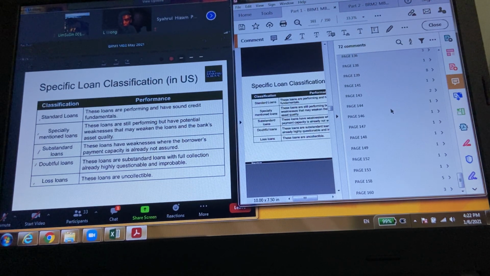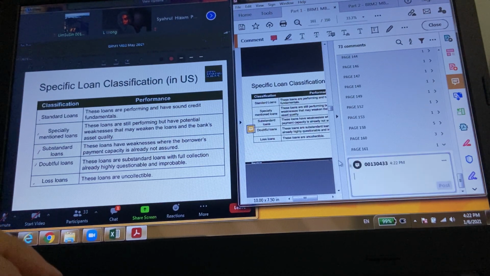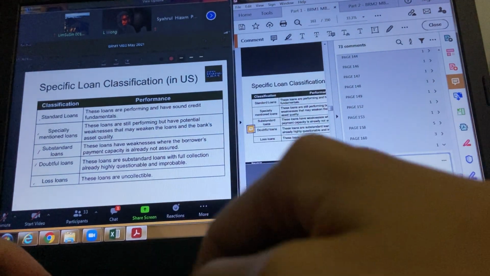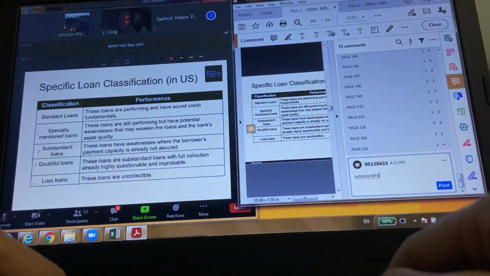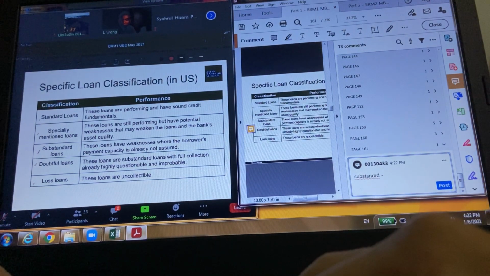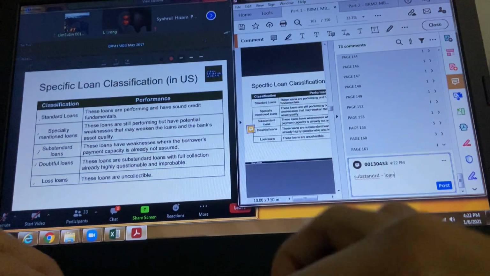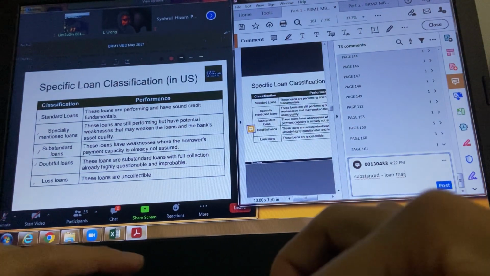But substandard means something is not right. Substandard could be, for example, the loan has not been serviced for 2 or 3 months, meaning interest has not been paid for 2 months. That's a substandard loan.